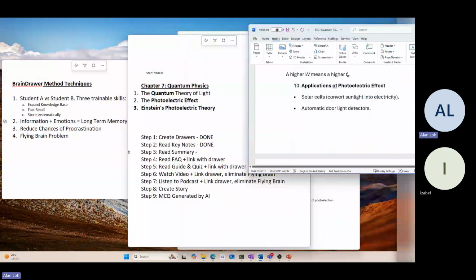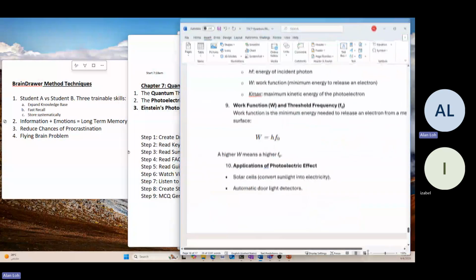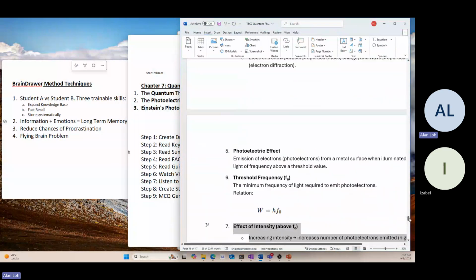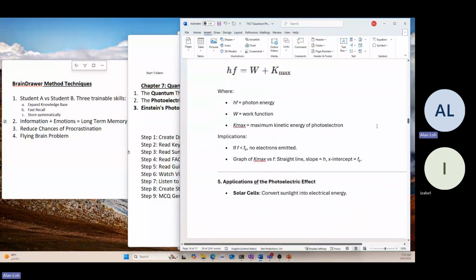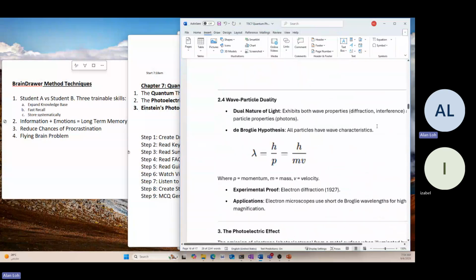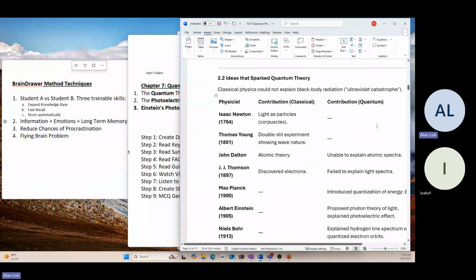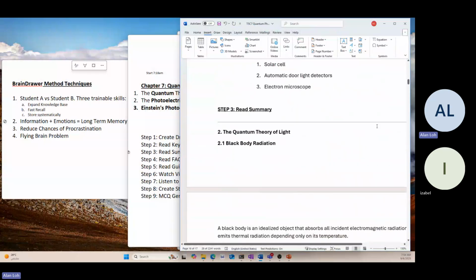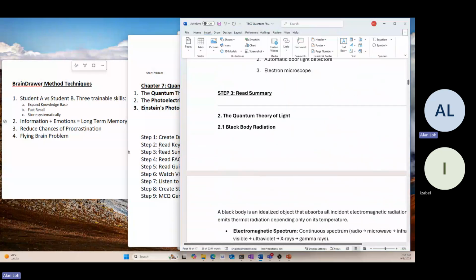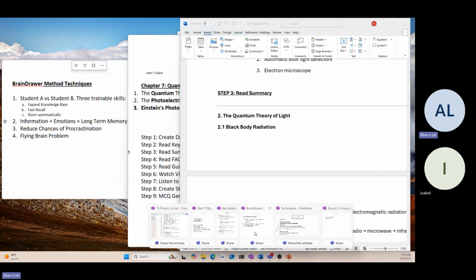Okay. Now is number 2. Let me just pull out my notes and go to step number 2. Which step is this? I think somewhere here. Okay, step number 3, actually, sorry. Step number 3, reading the summary. Okay, how do you read this?